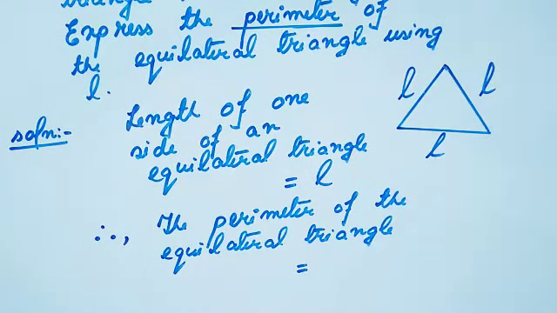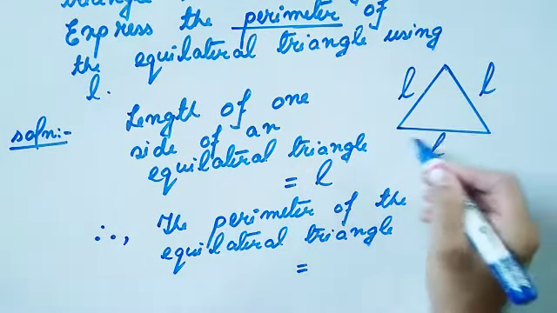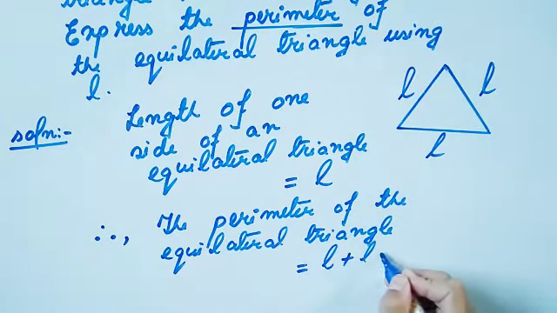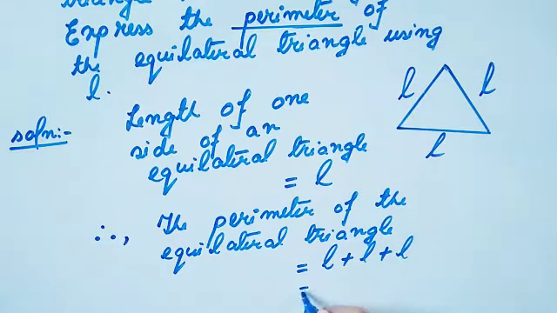First is by doing addition, by finding the sum of these 3 sides, that is L plus L plus L, right? And you will get 3L. This is our first method.